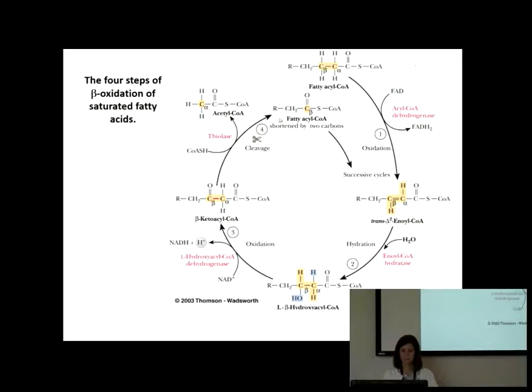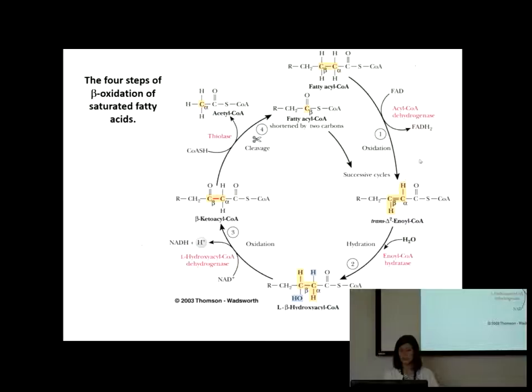We're going to cleave it using another coenzyme A. So this is really the only new kind of reaction that we haven't seen before, where we're putting in a sulfur to attack the new carbonyl, and then that will cleave it. And then we have a fatty acid that's 2 carbons shorter, and there we go.